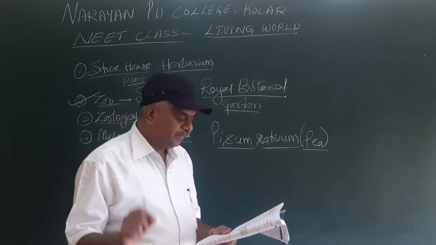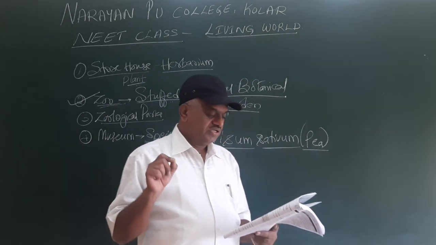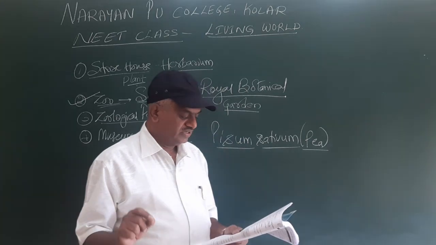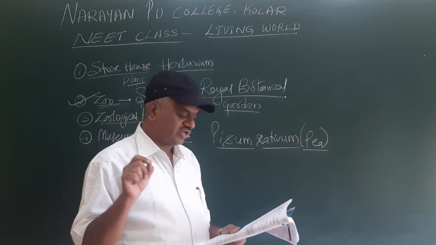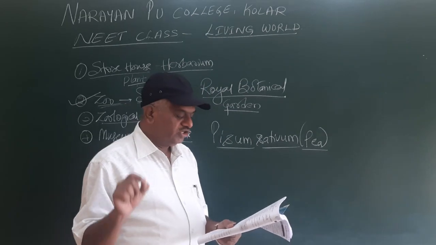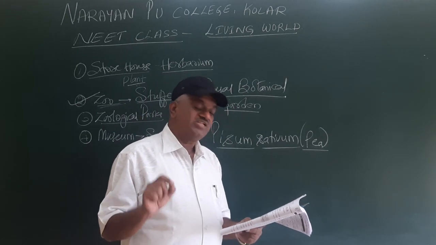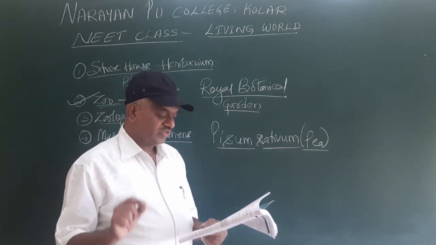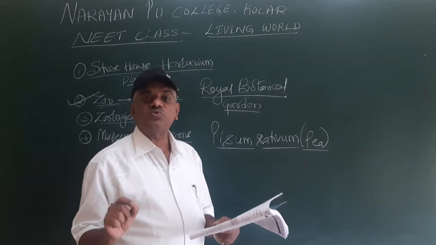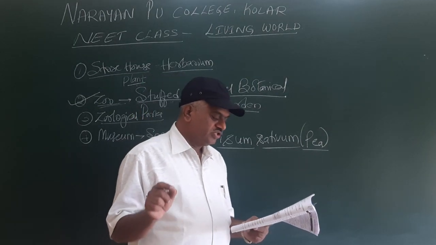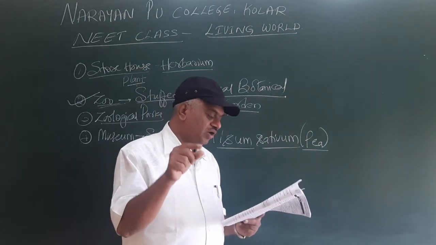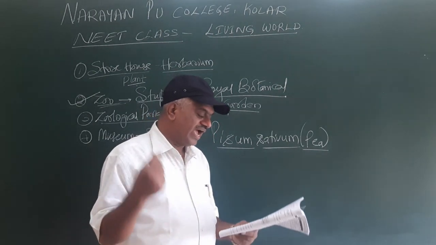Animals are kept in a protected environment under human care, which enables us to learn about them. I repeat, animals are kept in a protected environment under human care, which enables us to learn there. First one is structure. The meaning of structures is the external characters, how a plant is, how an animal is.